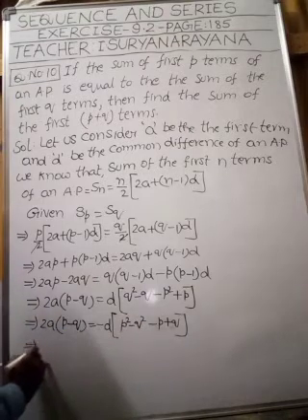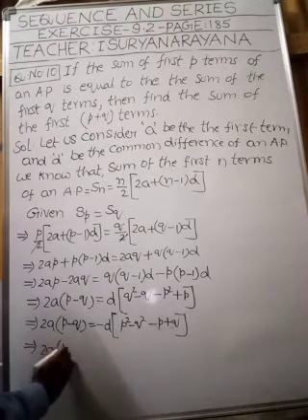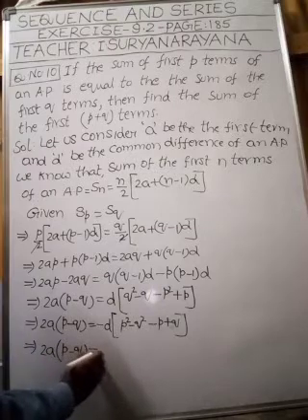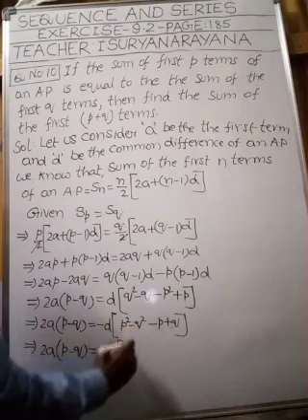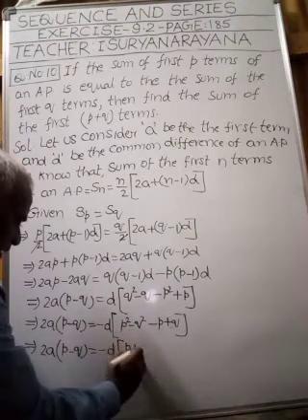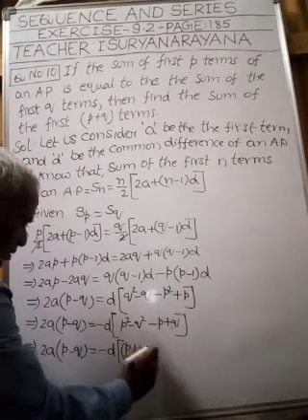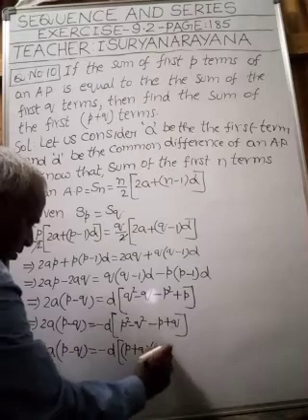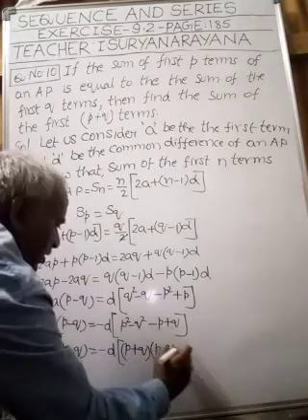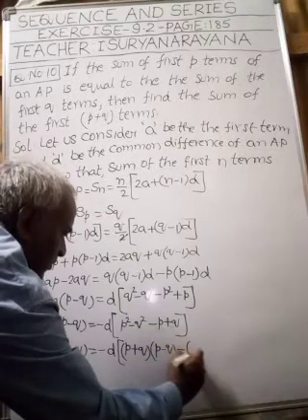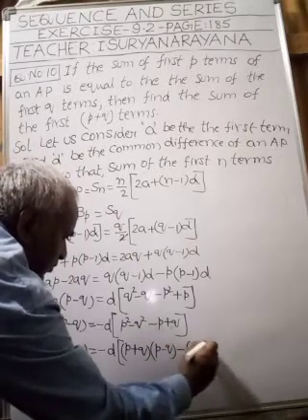Right. 2a into p minus q is equal to minus d into a square minus b square. How can you write? A plus b into a minus b by using the algebraic identity I wrote here. Here I am taking minus common, then we get 2a into p minus q.